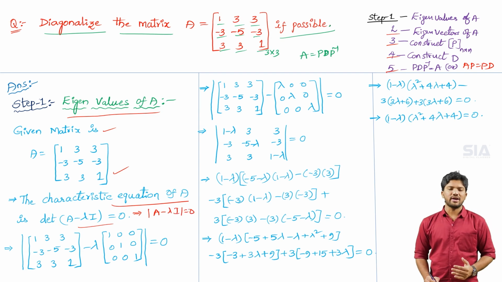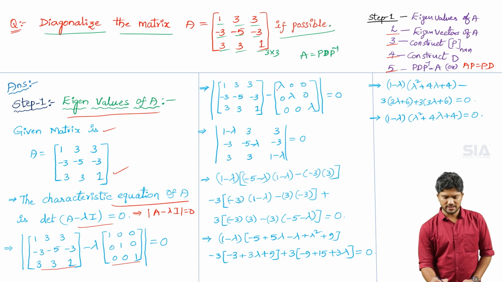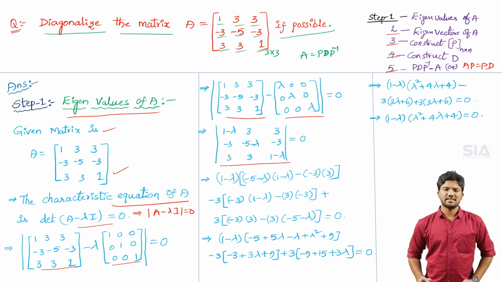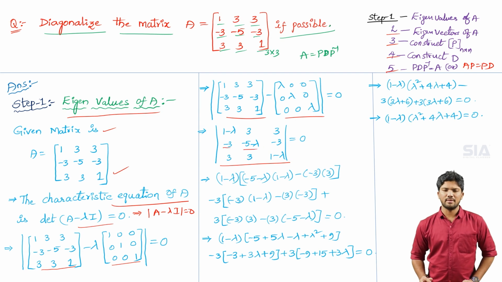Substitute the corresponding values, and in the determinant we can apply the subtraction. Then you will get the determinant of [1 minus lambda, -3, 3; 3, -5 minus lambda, 3; 3, -3, 1 minus lambda], that is equal to 0.